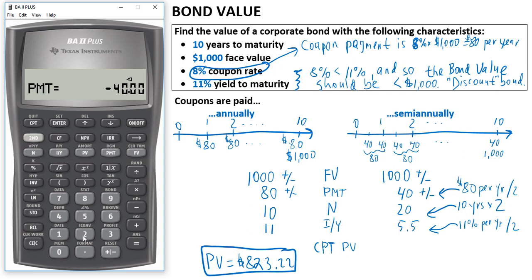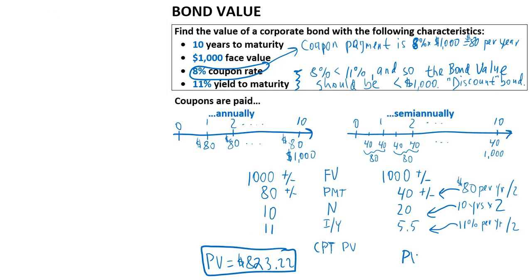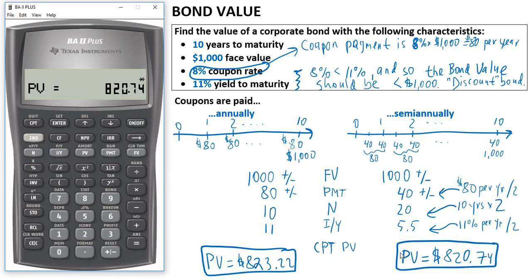We have 20 of those, 20 N. The discount rate IY per year is only half of the 11% yield to maturity. So I press 5.5 IY and compute PV. And we get a slightly smaller number, $820.74. So the present value in this case is $820.74.